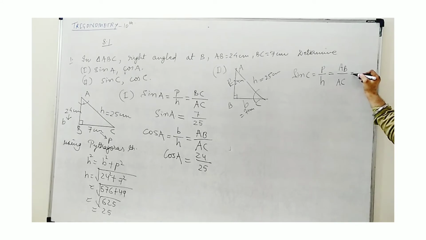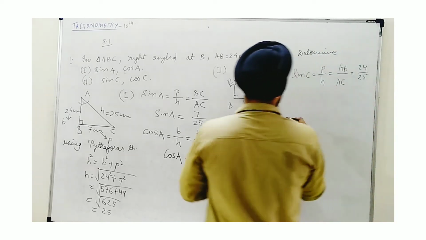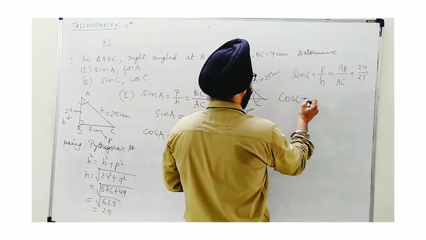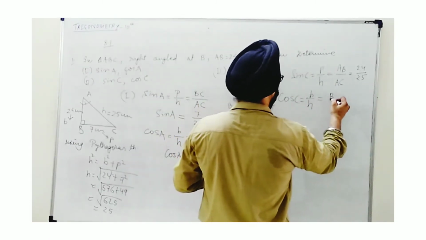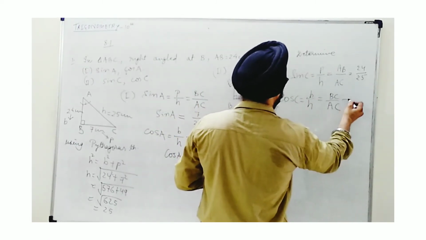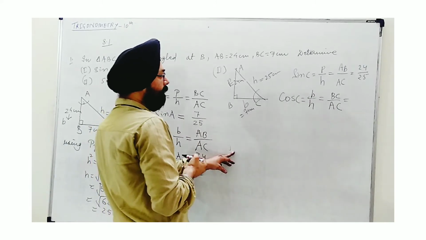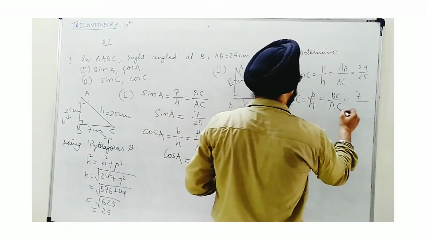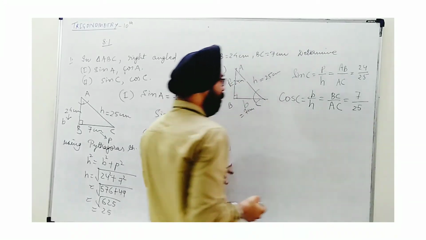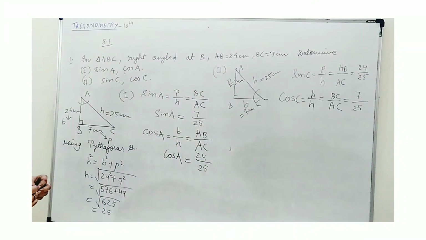Putting the values, AB is 24, AC is 25. Next, if I want to find cos of C, this is B upon H, meaning BC upon AC. The value of BC we take as 7, and AC we have 25.